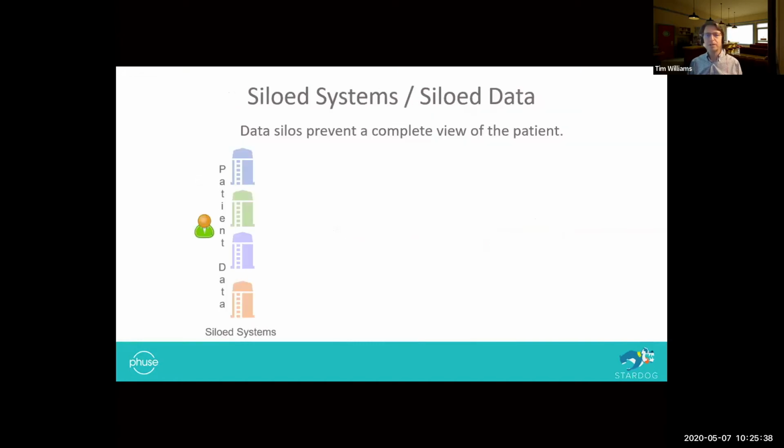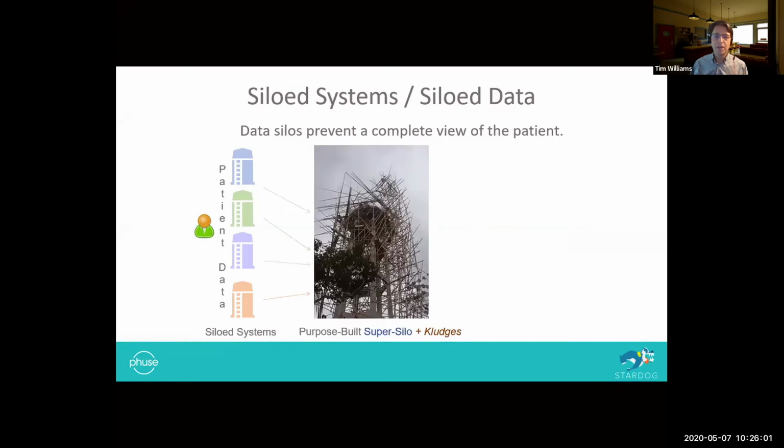It is very difficult to achieve a complete view of the patient when data is in disconnected silos, be it in individual SDTM files or large relational database systems. Data is traditionally siloed across multiple systems within a company. A system that manages site enrollment is separate from the system used for study design, yet another system is used for electronic data capture, and so forth. When companies need to bring data together to solve a specific problem, they often create what I call a purpose-built super silo, yet another relational system.